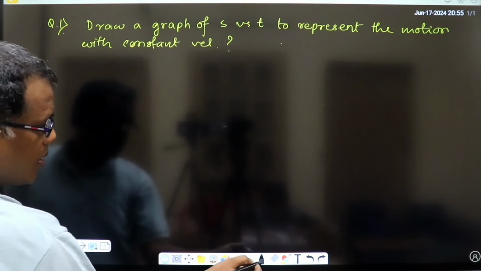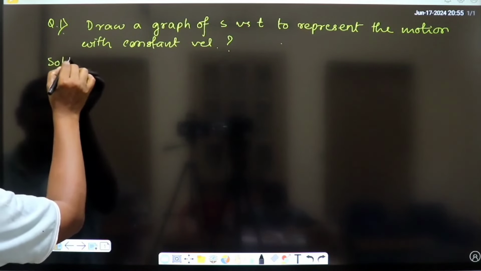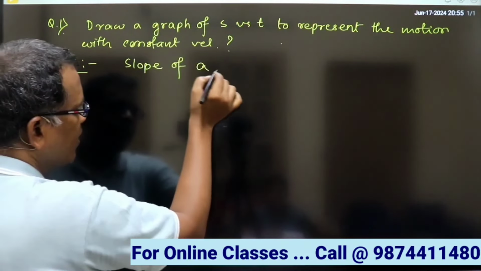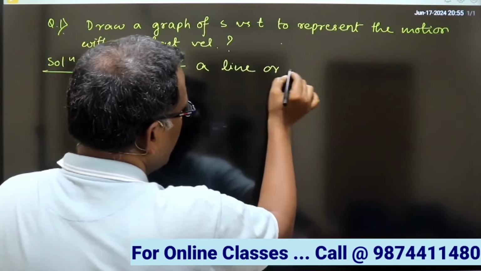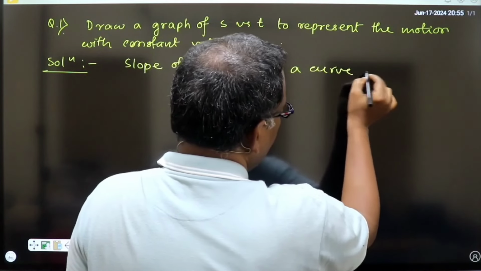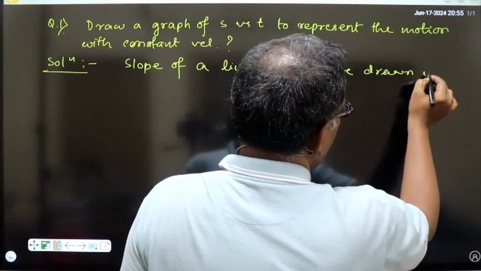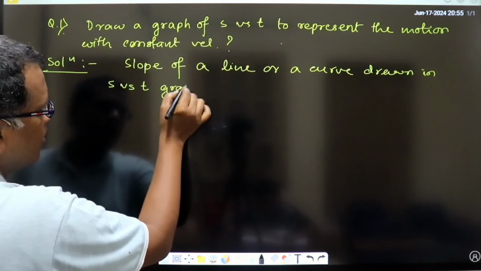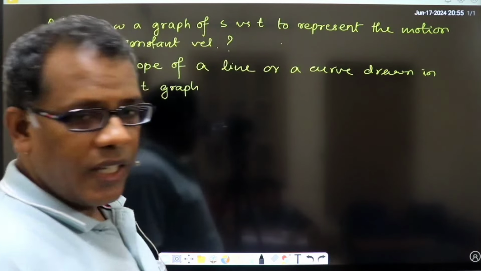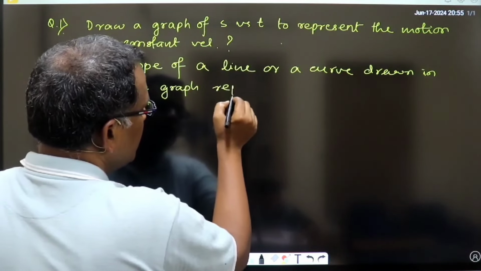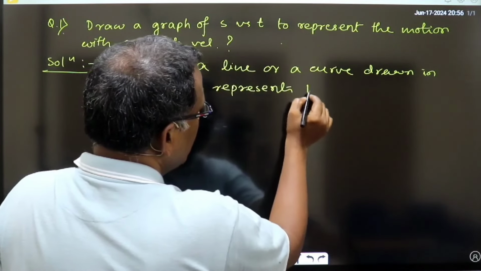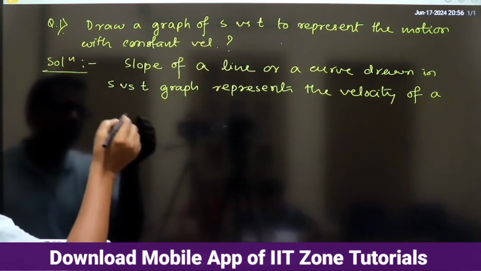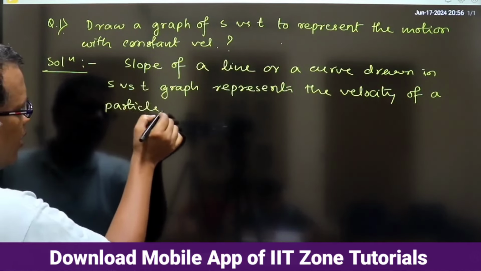If you remember the discussion of last class, I said that the slope of a line or a curve drawn in an S versus T graph represents the velocity of a particle in its motion.